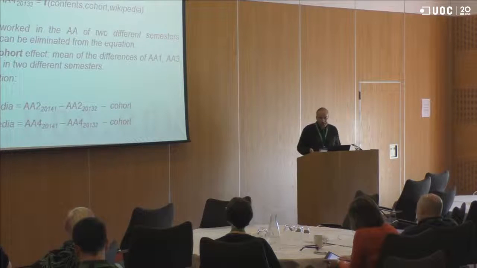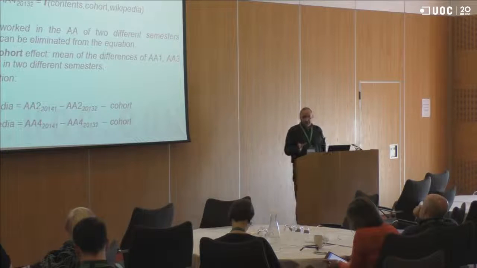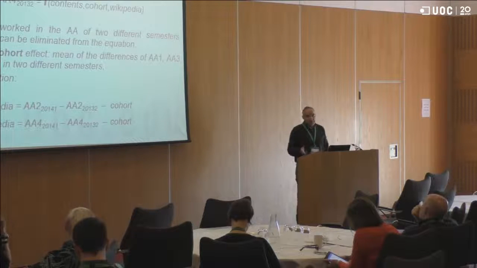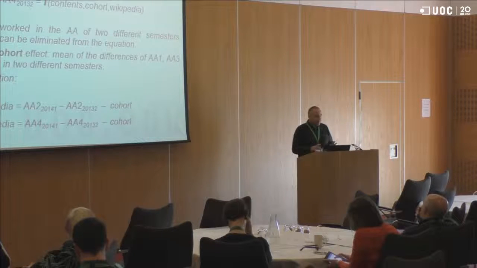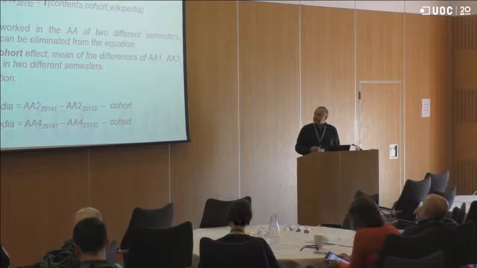What we want is to analyze the net effect of Wikipedia on the academic performance of the students, and to know if this difference is just due to the use of Wikipedia or due to the fact that we have just clever students in the semester we've analyzed. So we have to consider that the difference between the qualifications of two semesters depends on the contents, the cohort, and the use of Wikipedia.